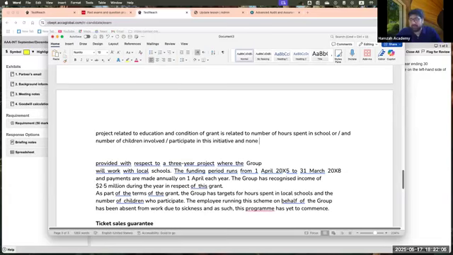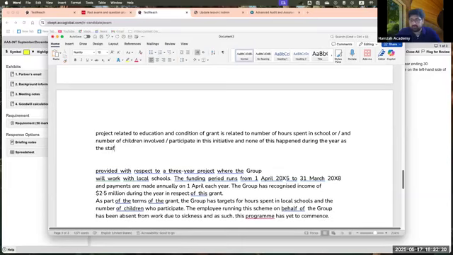And none of this happened during the year. What happened? The staff responsible to run it has fallen ill.